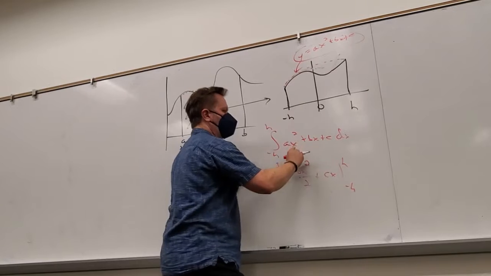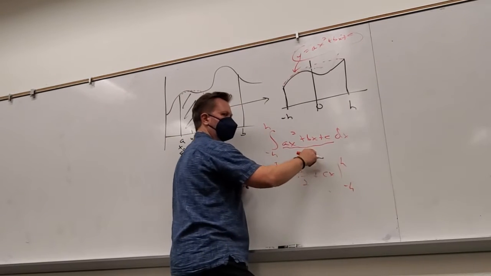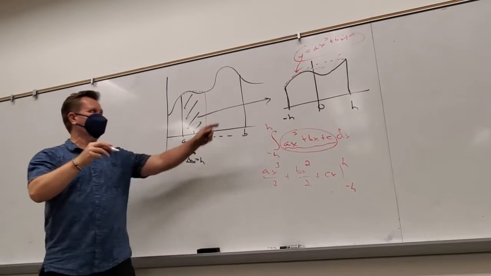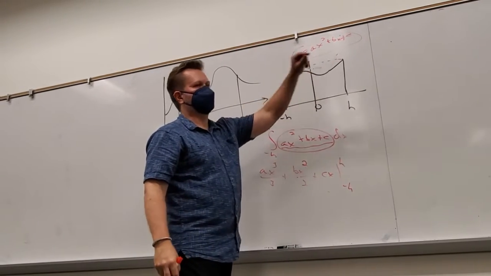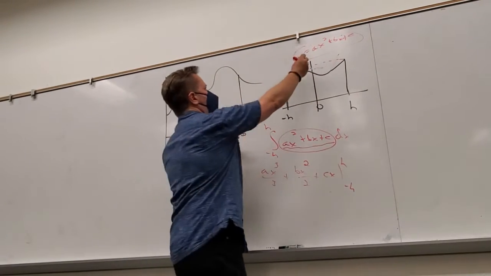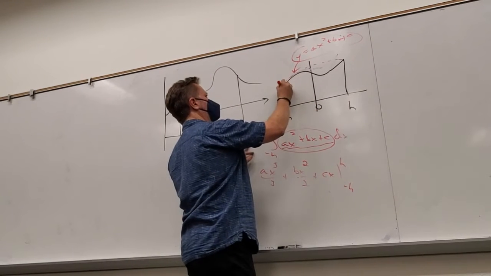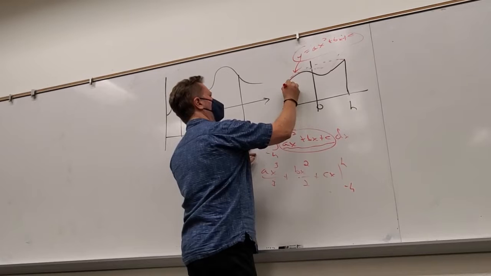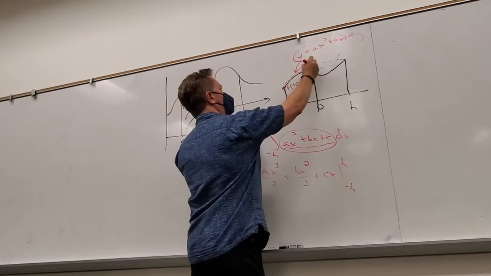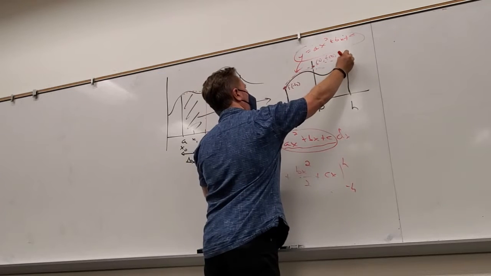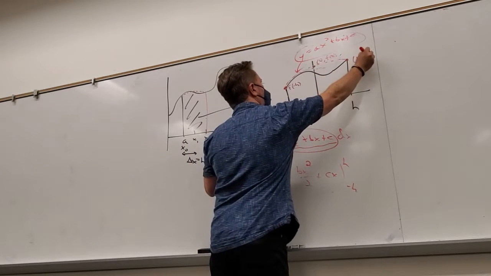The whole idea, we haven't figured out what this equation is yet, but I know it's going to be quadratic. I want to connect these points with a quadratic. So this point would be negative h, f of negative h. Then I have 0, f of 0, and then I have h, f of h.